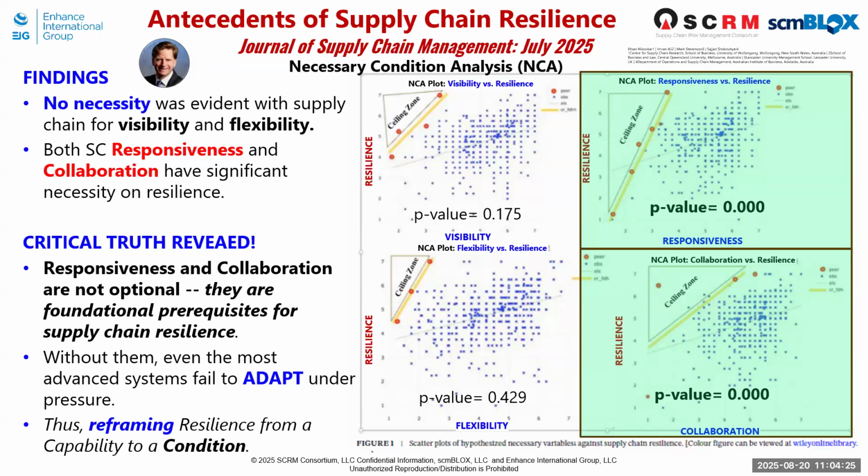And what's really interesting is, as we're doing this research, what people are saying aligns very closely to this, right, Greg? Because we focus everything on transparency, and we were kind of finding, well, what is transparency, visibility, flexibility? We started seeing that it wasn't exactly aligned in reality. Without responsiveness and collaboration, even the most advanced systems fail to adapt under pressure.